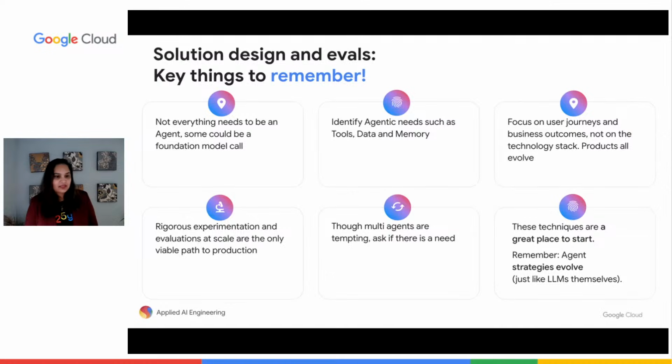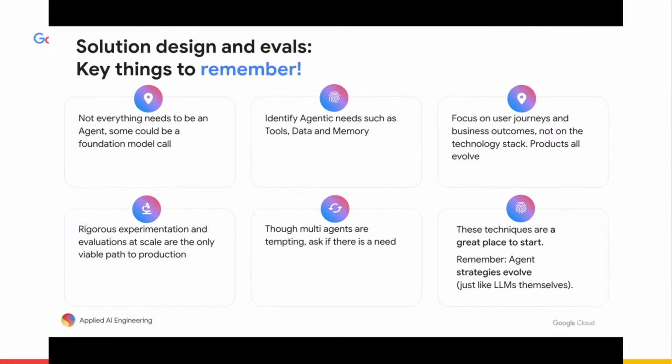That's based on the experience working with customers and building our own agents. So the first question to ask would be, do we need an agent, or is it a foundational call? Is it needed? And if yes, then do you really need a multi-agent? Could it be a single agent? If yes, then what are the agentic capabilities you're looking to bring?